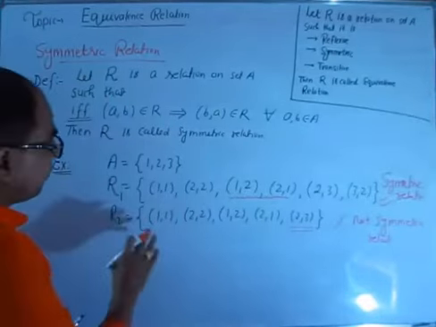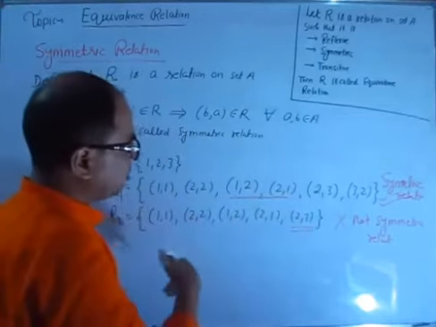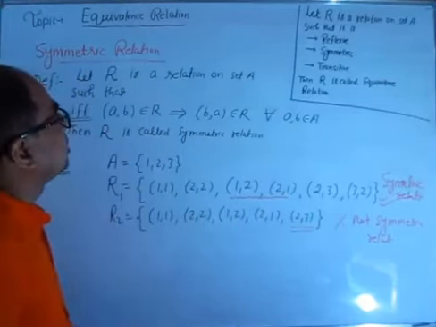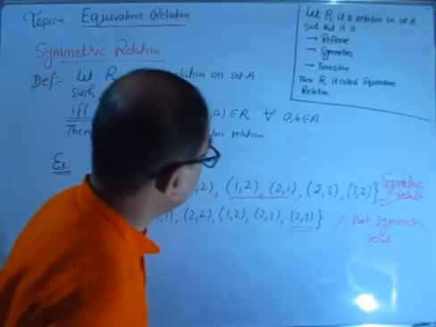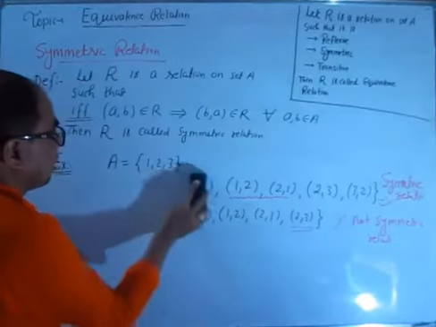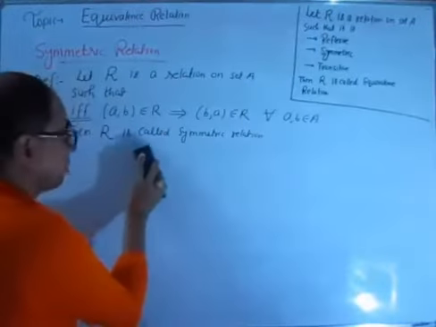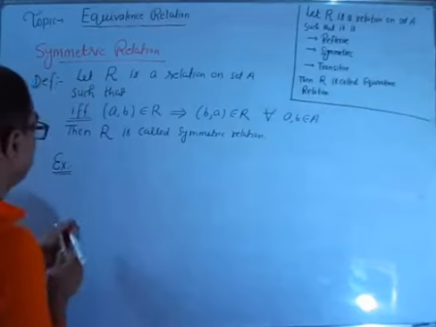Now, if a relation is given in roster form, then by observation you can easily identify whether it is symmetric or not. But if the relation is given in set builder form, how can we check symmetricity? Suppose I give another question.